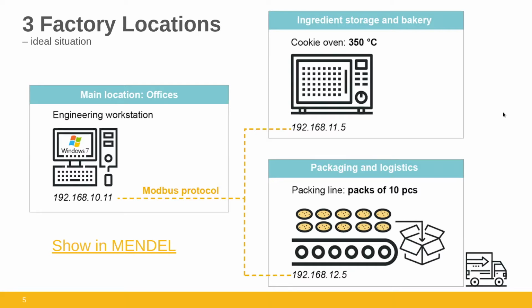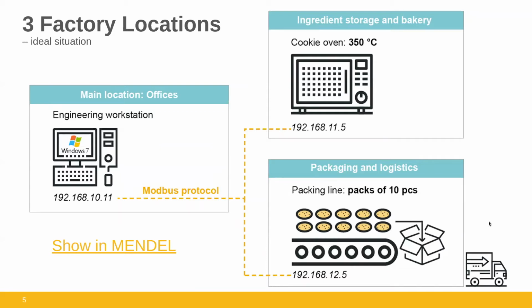The second location is the storage and bakery of ingredients that are used during the baking of the cookies itself. And the third location has the packaging and logistics of the cookies. They are packed into boxes and shipped to the end users and consumers.